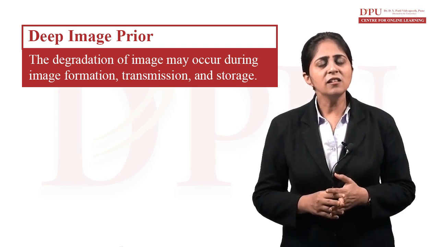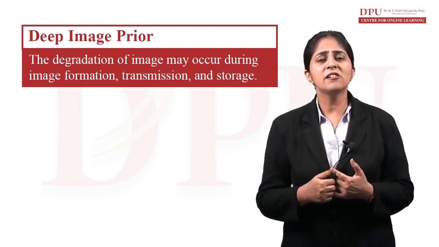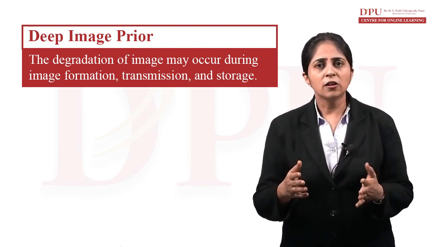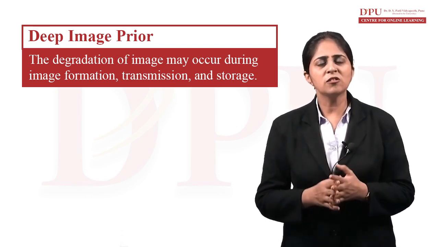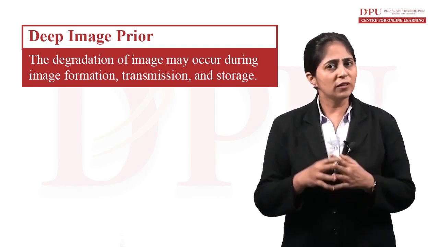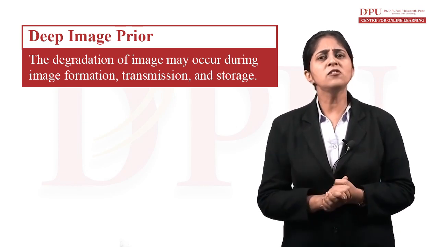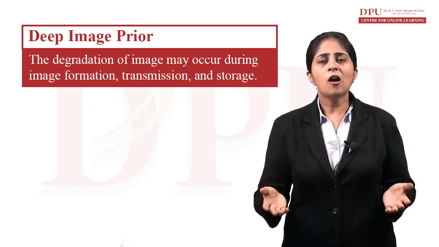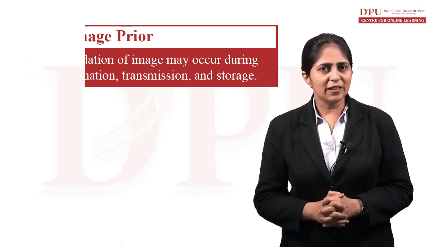How has the degradation of the image occurred? It might have occurred during image formation, image transmission, or during the storage of the image. So image restoration is the task of recovery of this unknown true image from the degraded image.